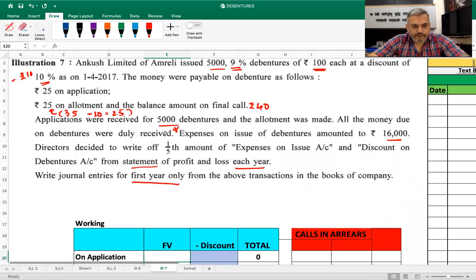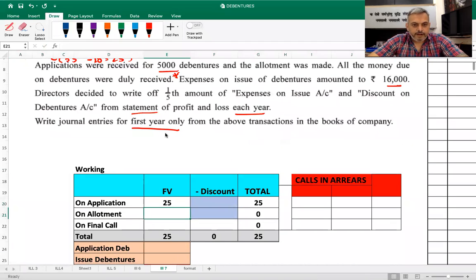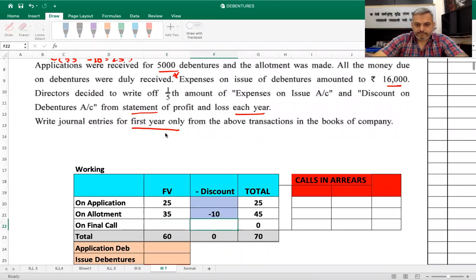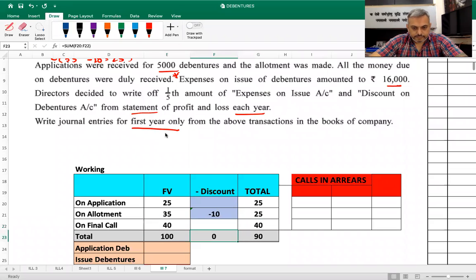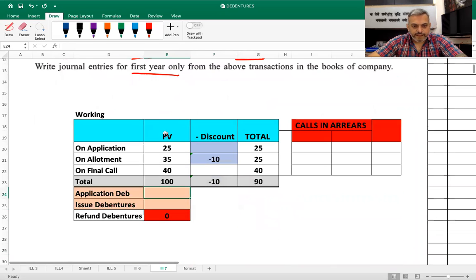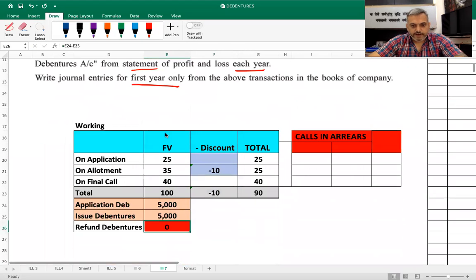Face value is 25, allotment is 35, discount minus 10 comes to 25, and final call is of rupees 40. So 90. Application debentures 5,000. Issue debentures 5,000. No calls in arrears, nothing. Do the working. Then we proceed.